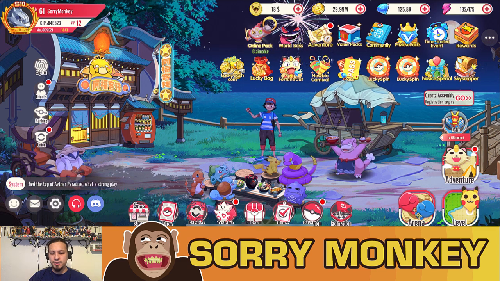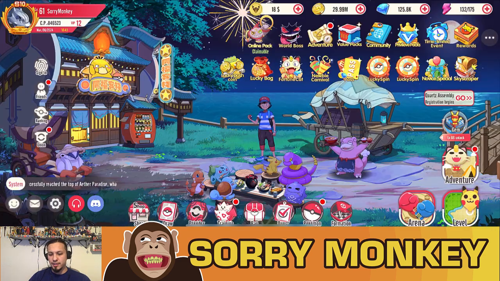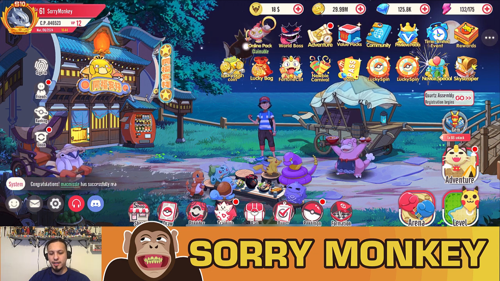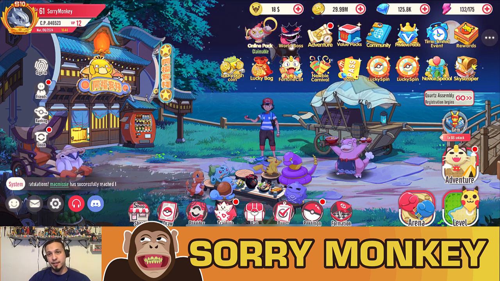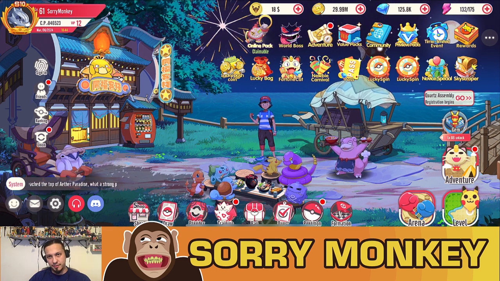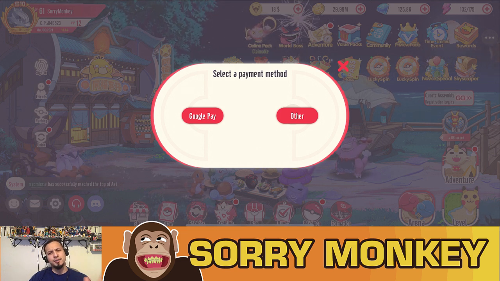So if you notice at the top, you have your energy, you have your diamonds, you have your gold, and then next to it, you have your credit, right? So you have to hit plus on the credit, and then you'll say Google Pay or other. I don't think Google Pay seems to work for me.